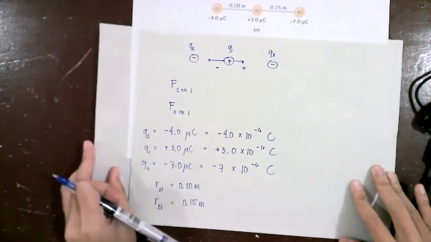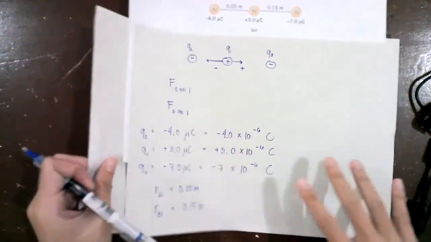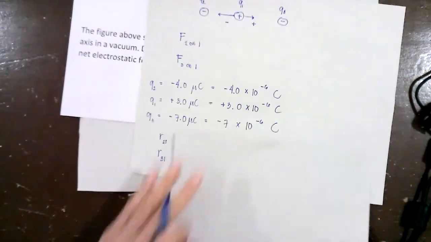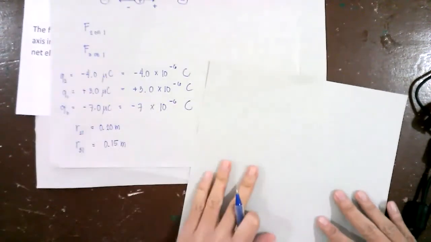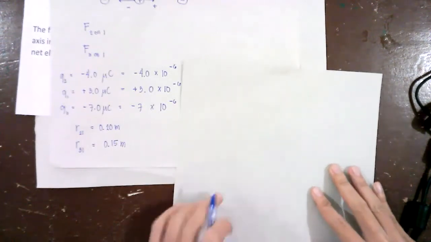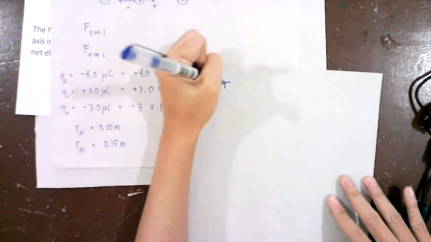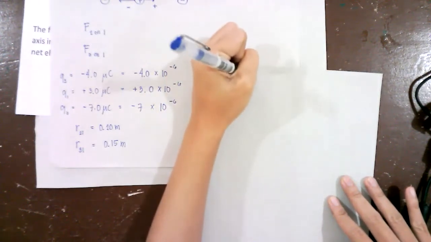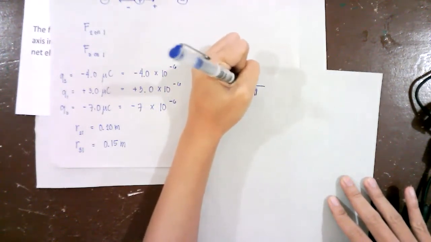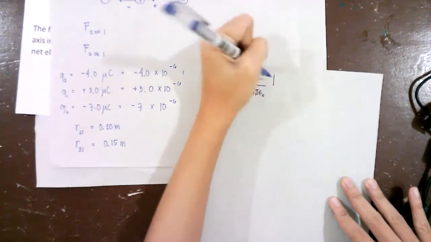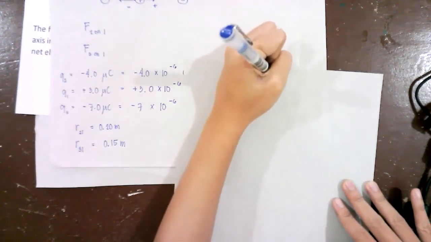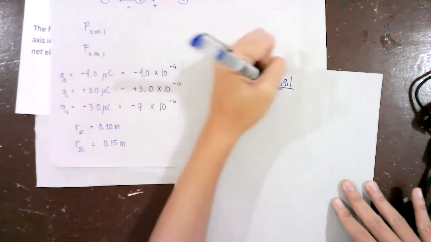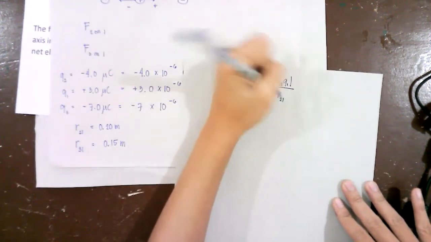Okay? So we will start solving first the force of 2 on 1. Force 2 on 1, the magnitude. So that's 1 over 4 pi E naught, this is Q2 Q1 over R21.